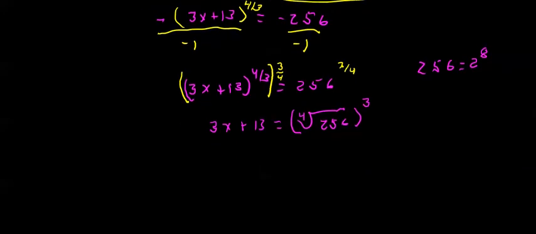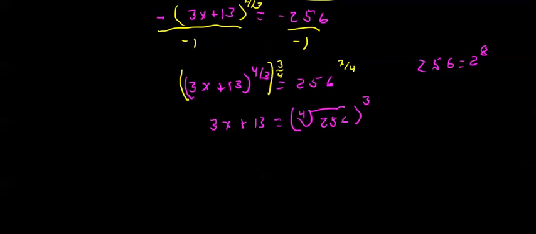Now this is where it gets a little bit different. Anytime there's an even root, and the 4th root is an even root, we need to use plus or minus.